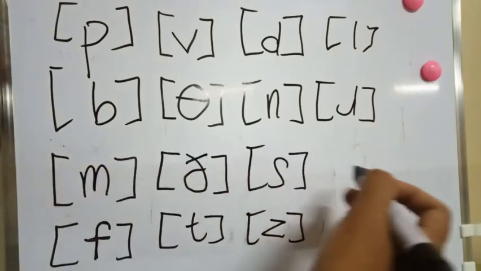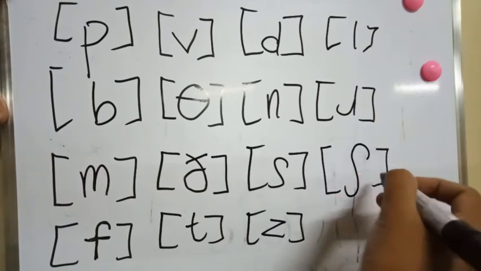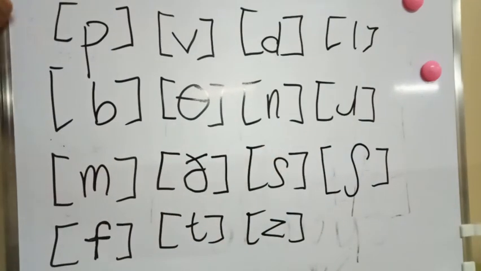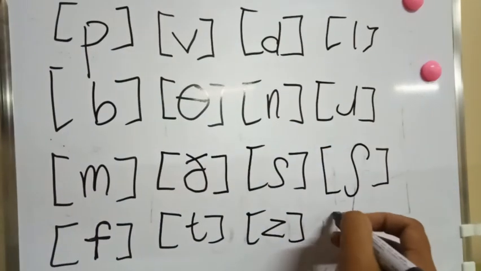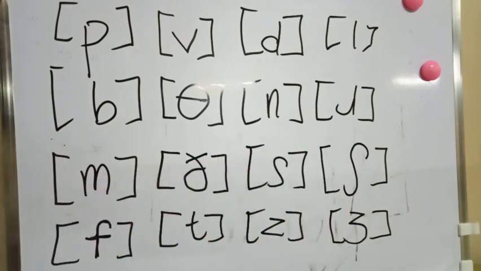Then we also have this symbol. You pronounce that as sh, as when you say shy, bash, rushing. Then let's have this symbol. You pronounce that as zh, as when you say beige, measure.